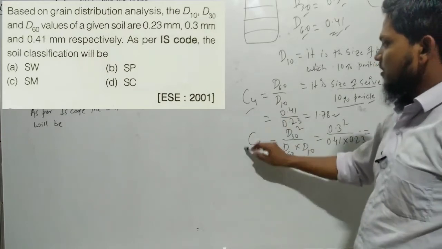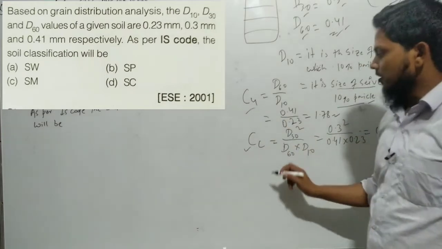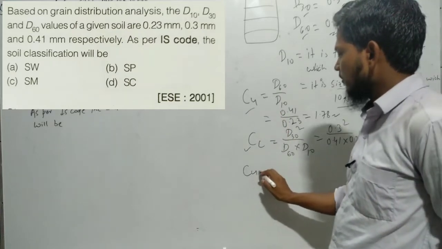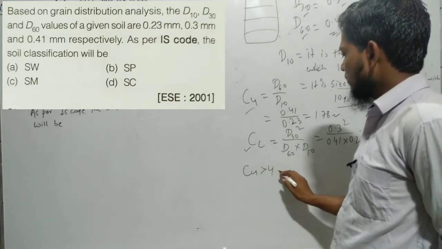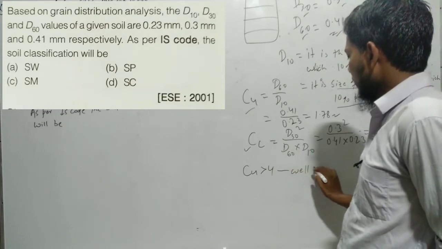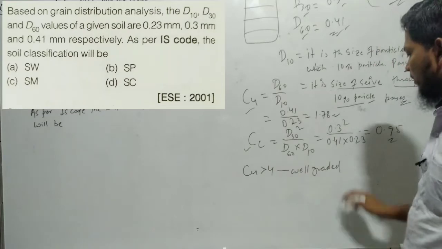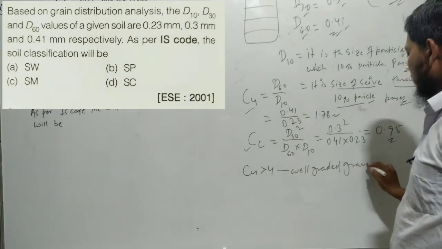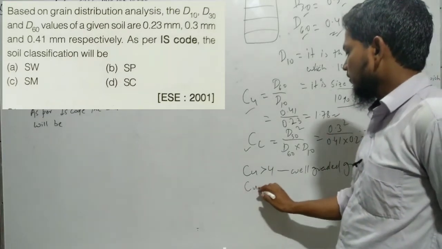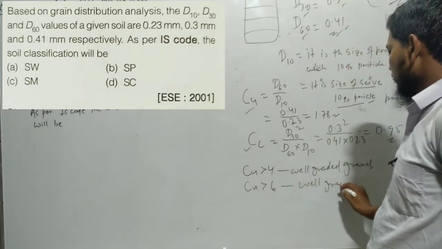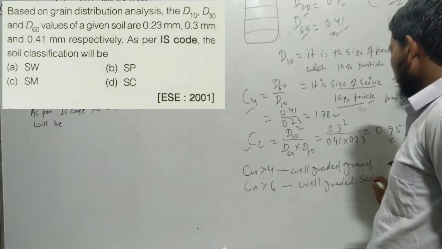First, let us see the significance of Cu and Cc. When Cu is greater than 4, it means well graded gravel. If Cu is greater than 6, it means well graded sand.